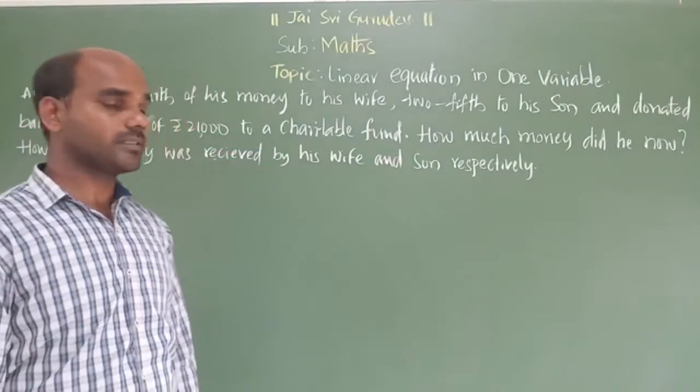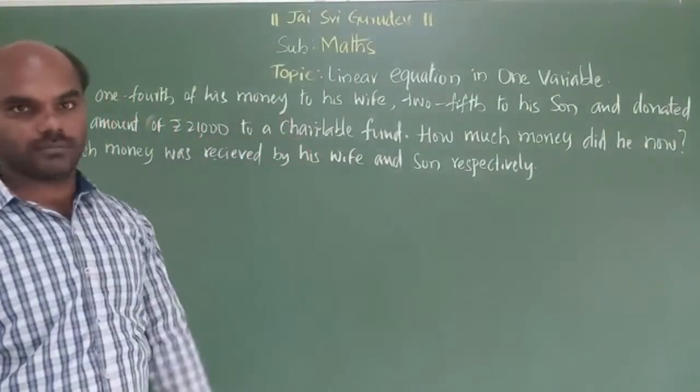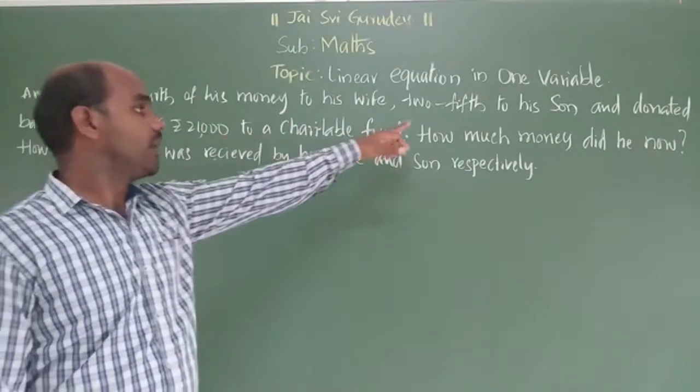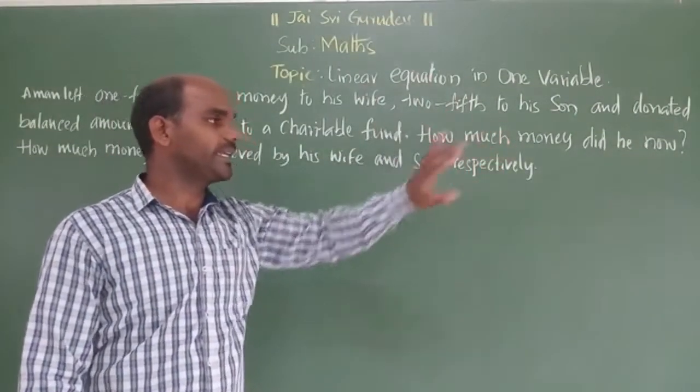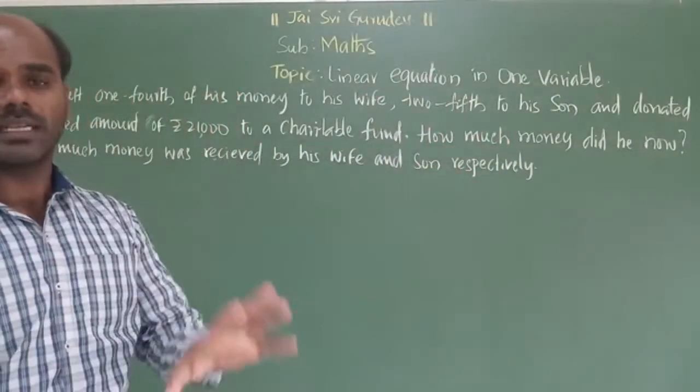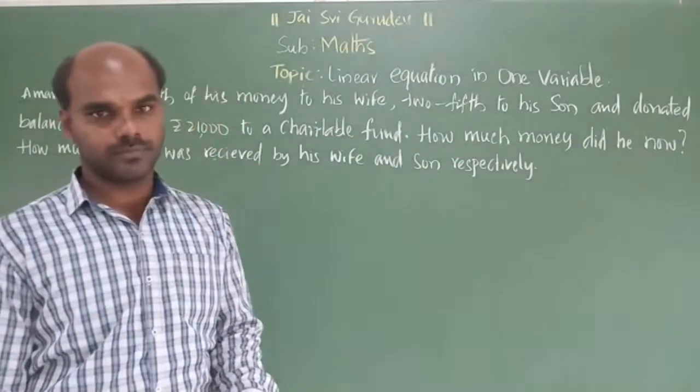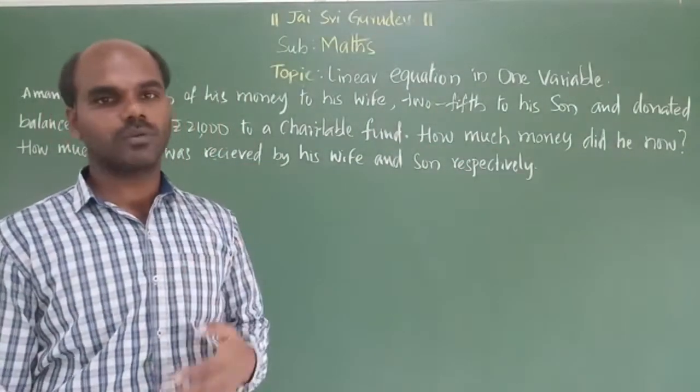How much is he giving, children? 21,000. And what is the question asking? How much money did he have? Actually how much is the total amount? That amount you have to find.